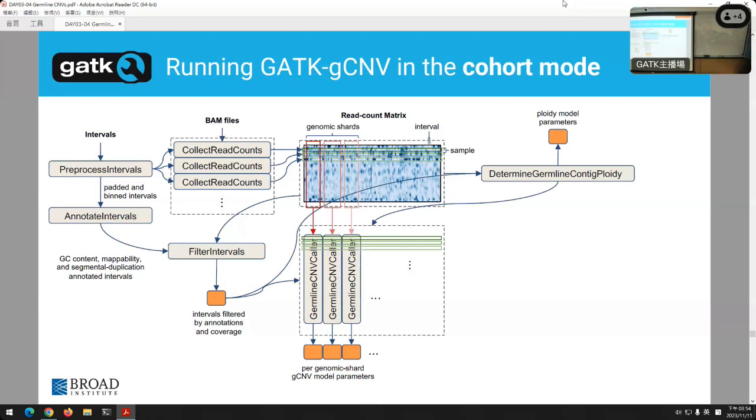So we don't run it across the entire genome all at once. That's partially to help with scaling, so that we don't need such a big machine, and it will also reduce the runtime. So instead, we run Germline CNV Caller across all of the samples, but across only some of the genomic intervals.